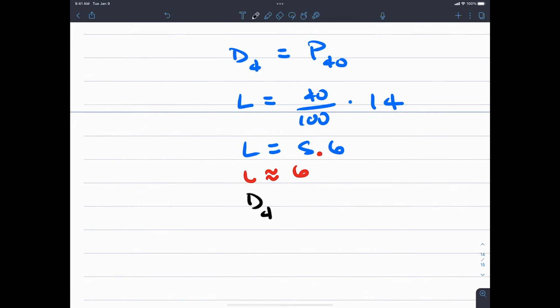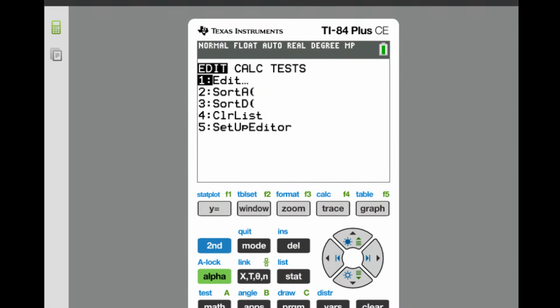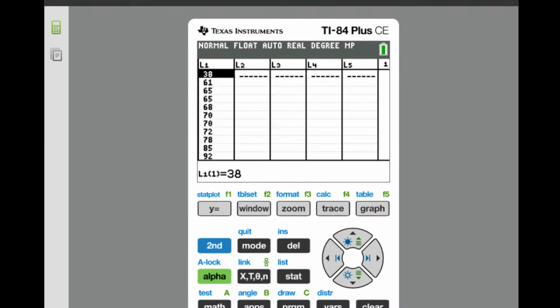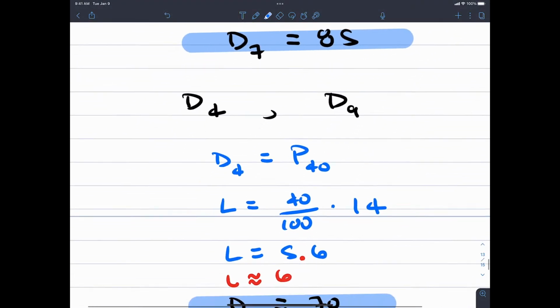This is going to give me D4. My list is already sorted. How do I get to it? Stat, edit, edit. And then scroll down to 6. And what do you guys get? It is 70. Oh my gosh.